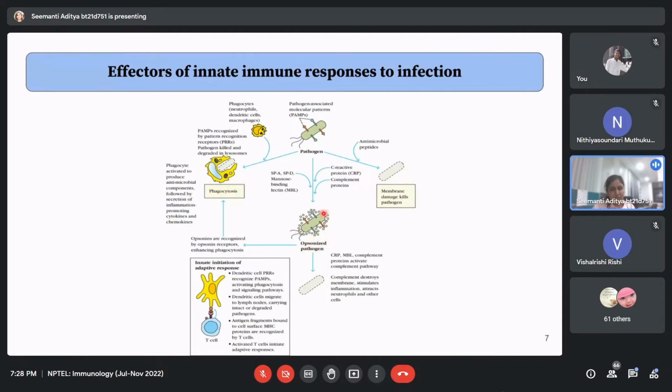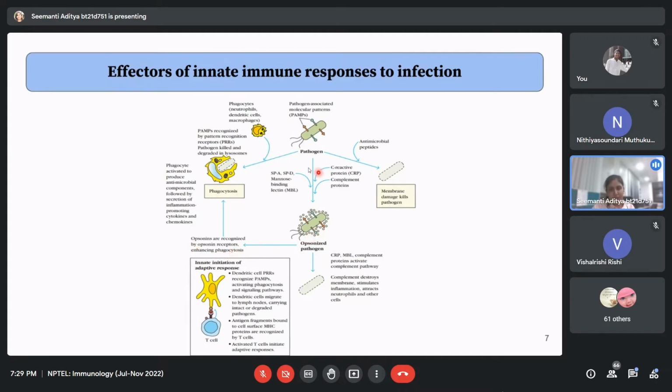This pathogen, which is coated with all these proteins on its surface, will be easily recognized by phagocytes through its PRRs, because it also has the PAMs associated with the pathogen. So opsonization will enable the phagocytic cells to better recognize and engulf the pathogen and cause phagocytosis.